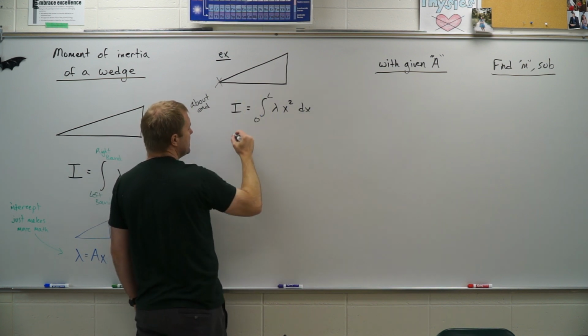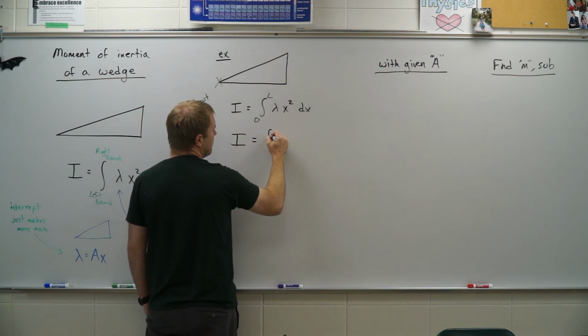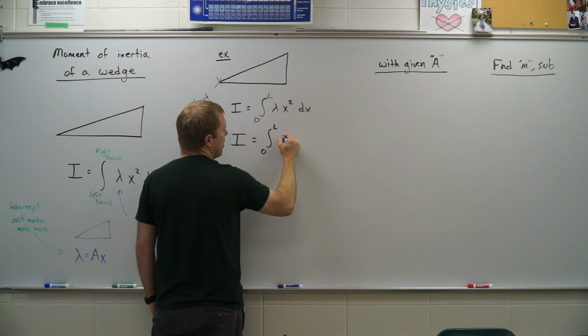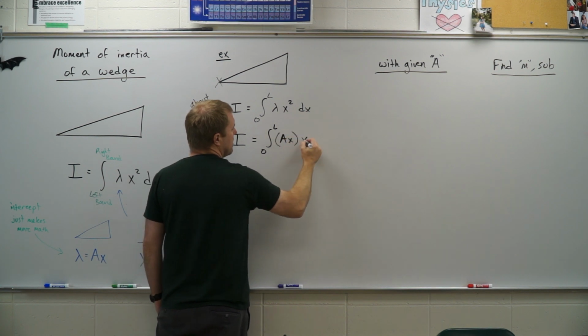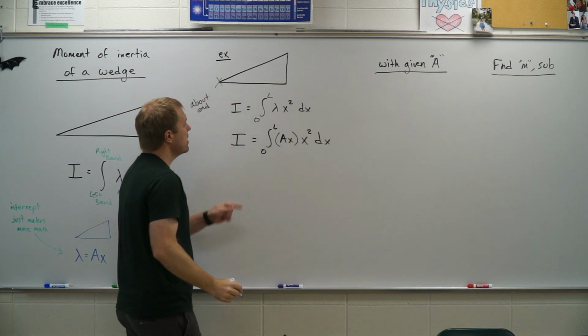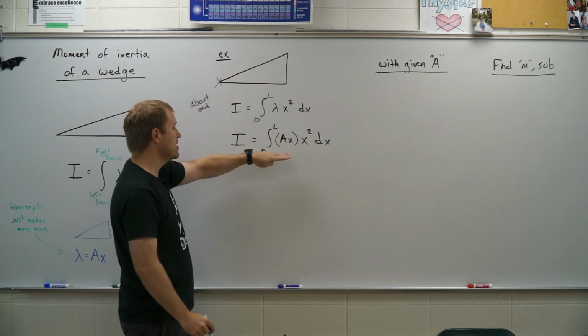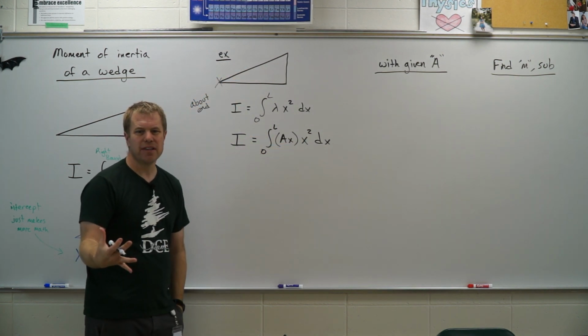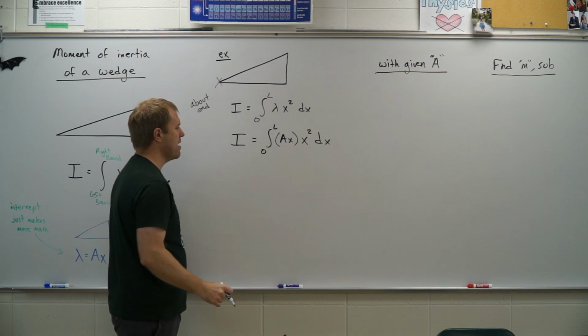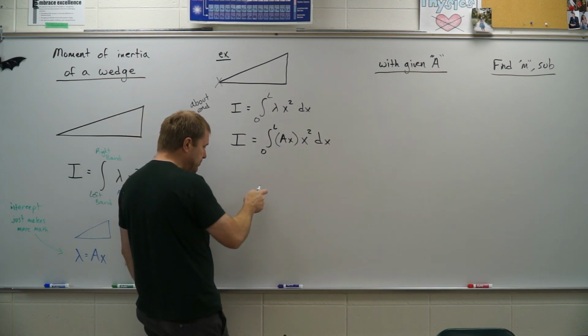And I'm going to say this is some linear function. So I have the integral from 0 to L of ax times x squared dx. Because I have a straight line there, this is a linear function, and again, we're going to leave off any intercepts just to make our math go a little smoother.